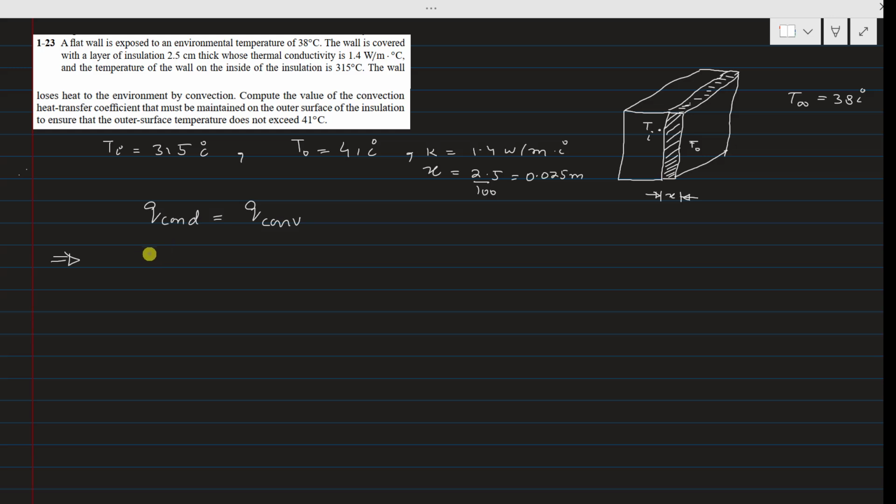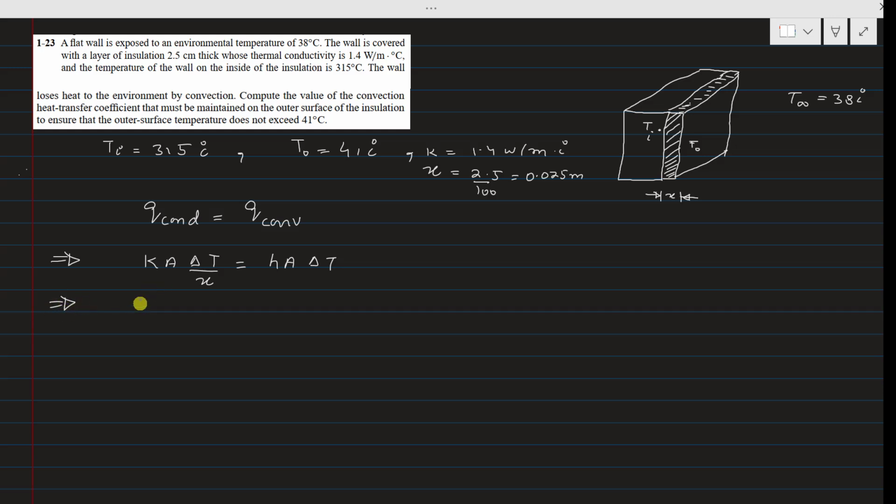In case of conduction we use Fourier law of heat conduction, that is k A times the temperature difference divided by its thickness. And in case of convection, this is Newton law of cooling, that is h A times the temperature difference.